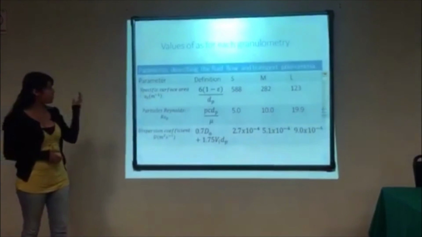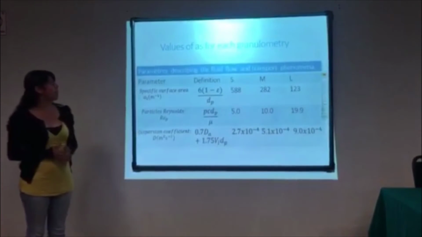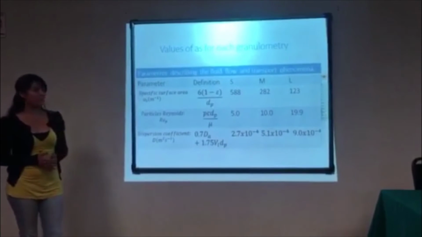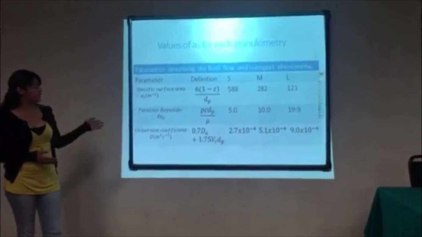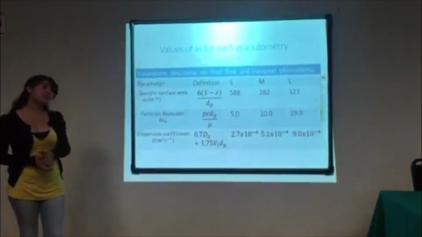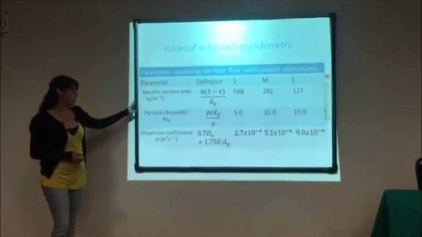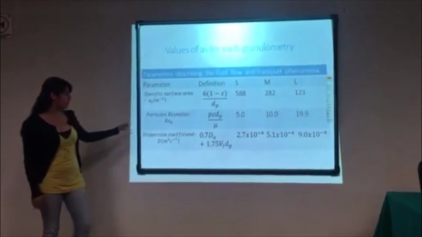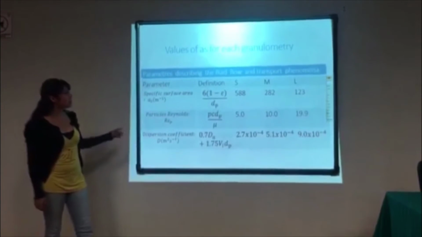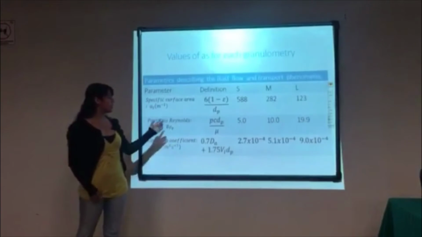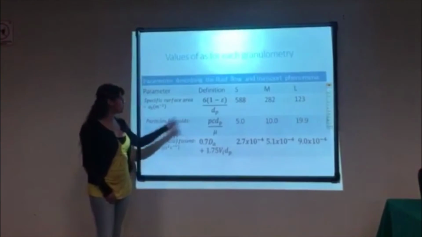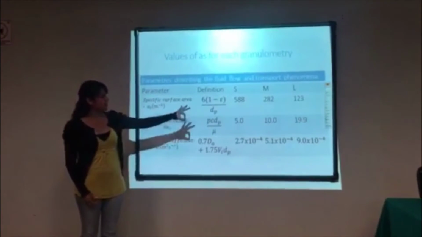We show this table with values for each granulometry: parameters describing the fluid flow and transfer phenomena for the three types of pellets, with specific surface area, particle Reynolds number, and dispersion coefficients, and these are the equations for these parameters.